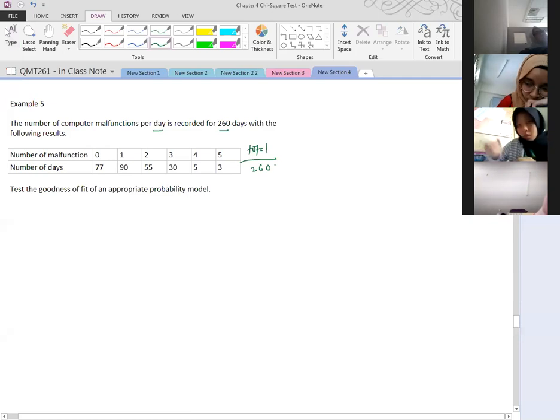Now test the goodness of fit of the appropriate model. So this is actually a Poisson distribution because we are dealing with count data. This is the number of malfunctions, this is the number of days, so this is count data.